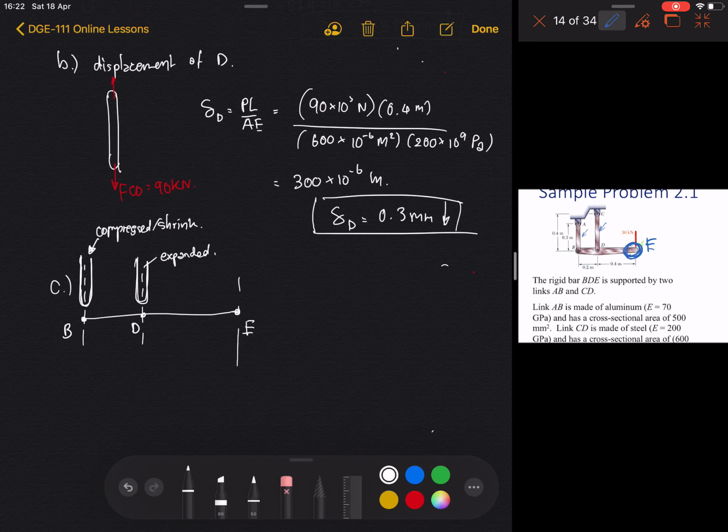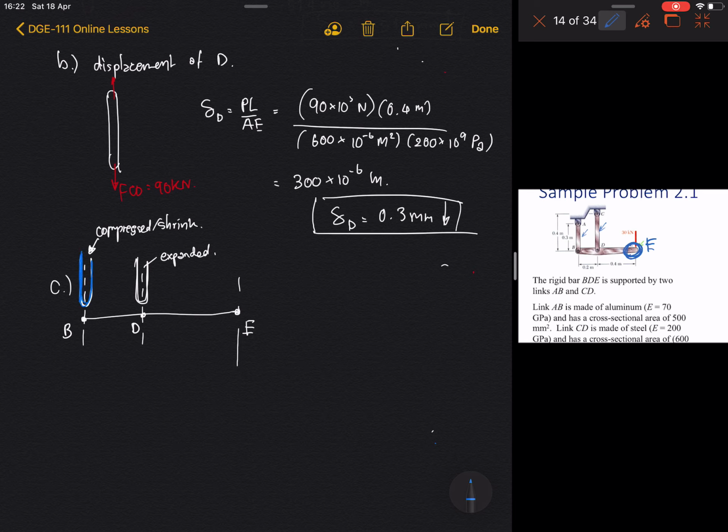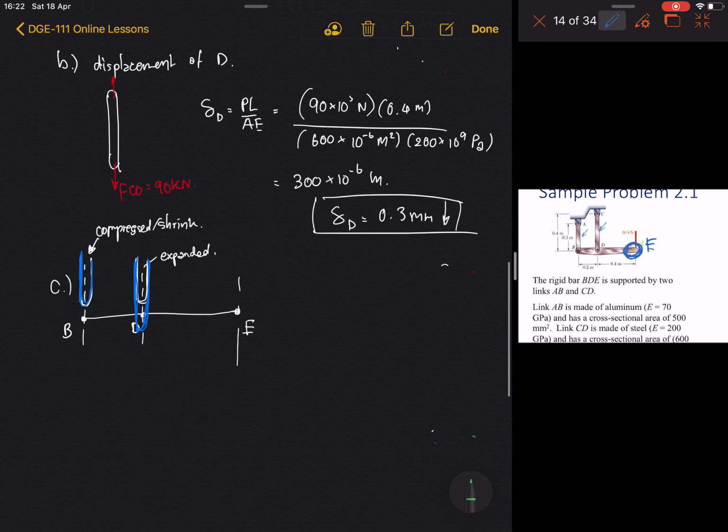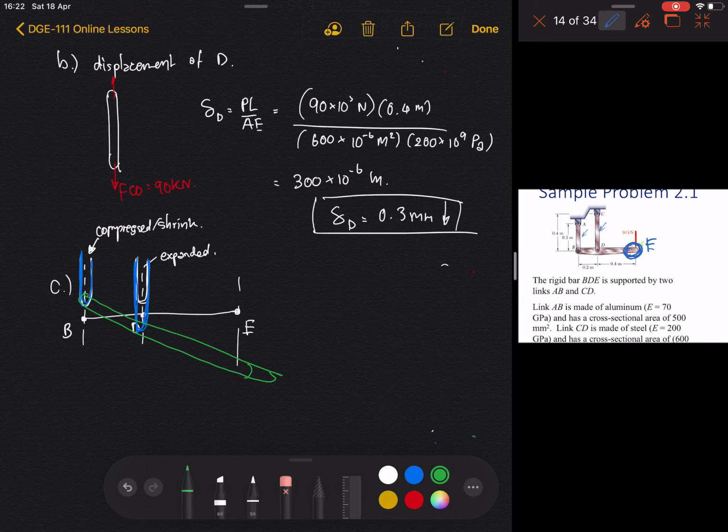So this expanded means in the end we will have something like this in the blue line. This one is expanded, so it's a little bit downward. And you can imagine that our bar is rigid, so our bars look like this, a little bit exaggerated here.